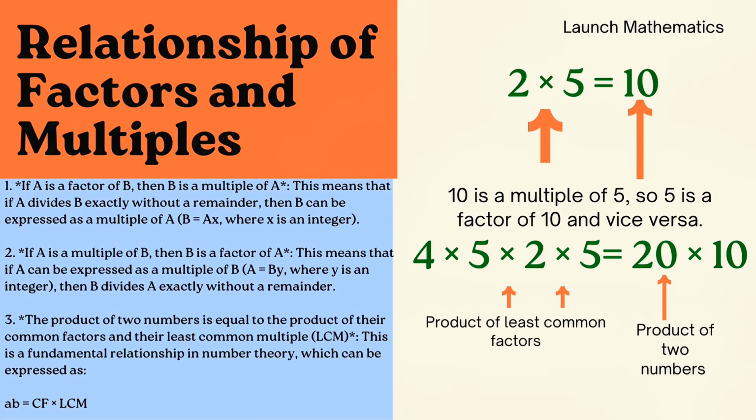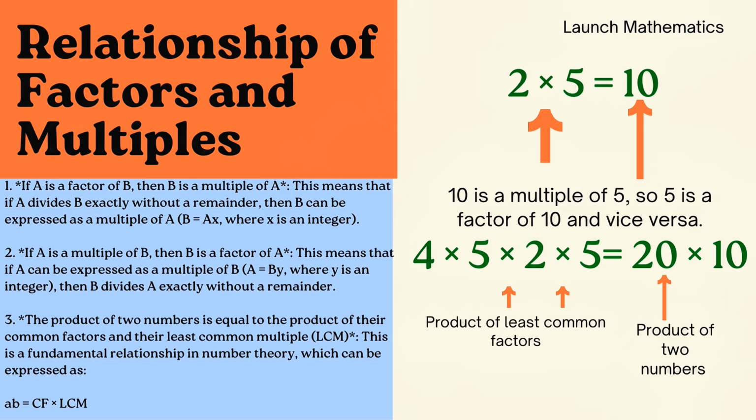Now, relation between factors and multiples. If one number is a factor of another number, then the other number is a multiple of the given number. This means that if A divides B exactly without a remainder, then B can be expressed as a multiple of A, which can be written as B equals AX, where X is any integer.